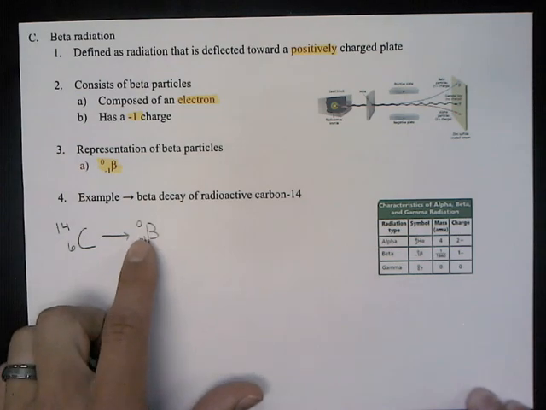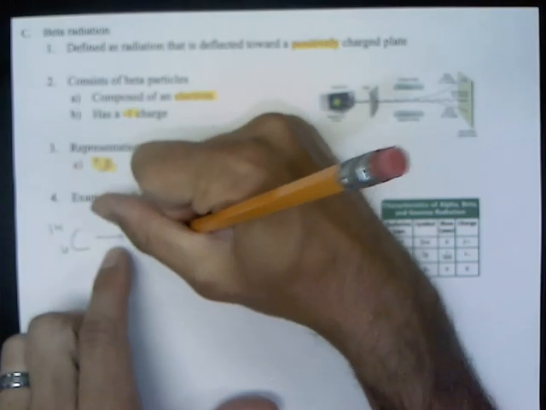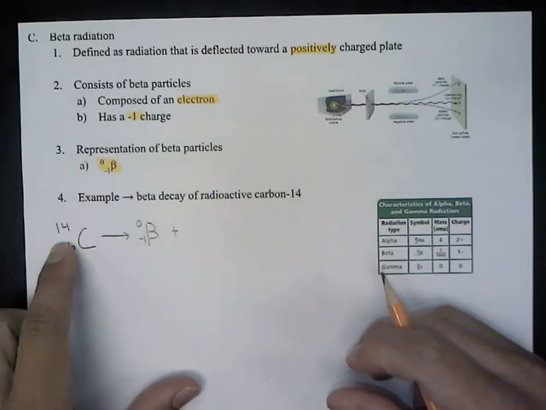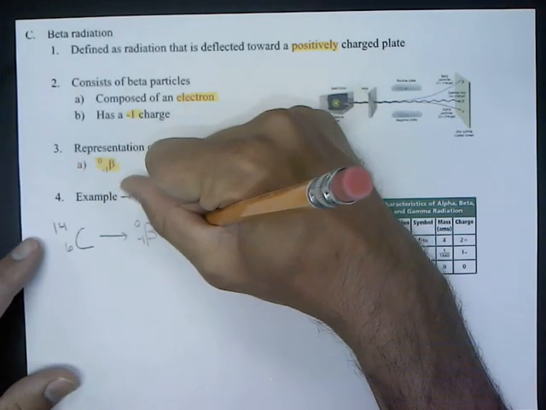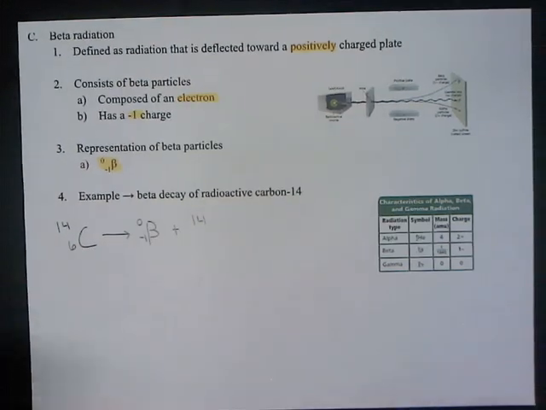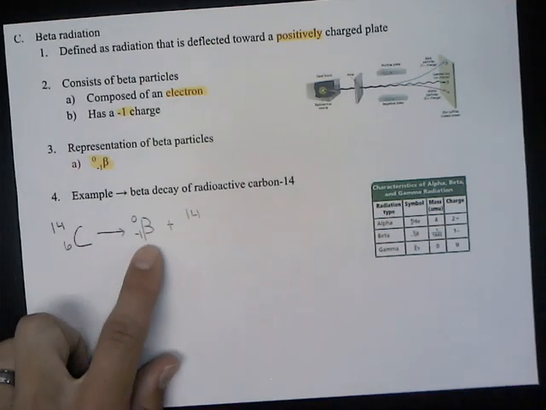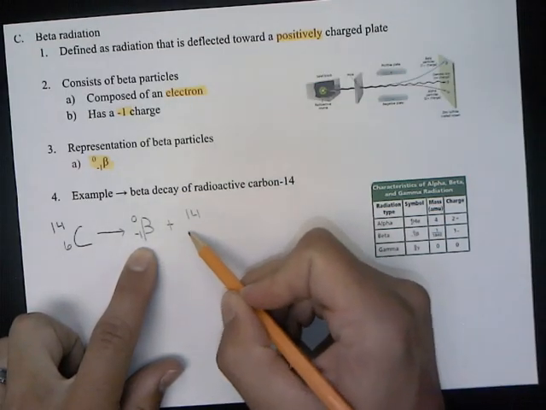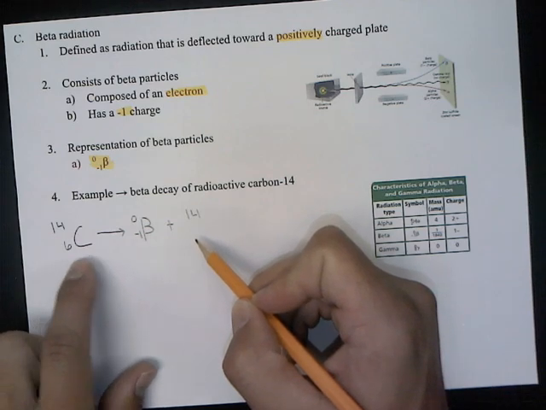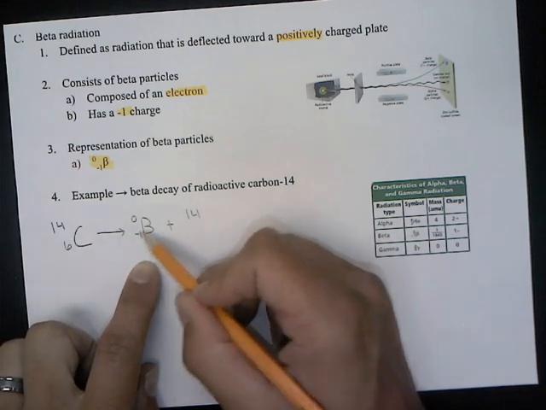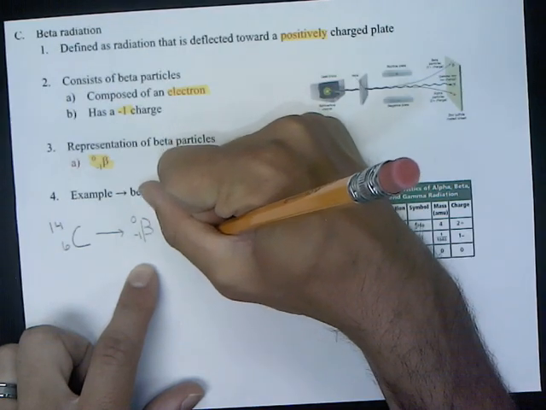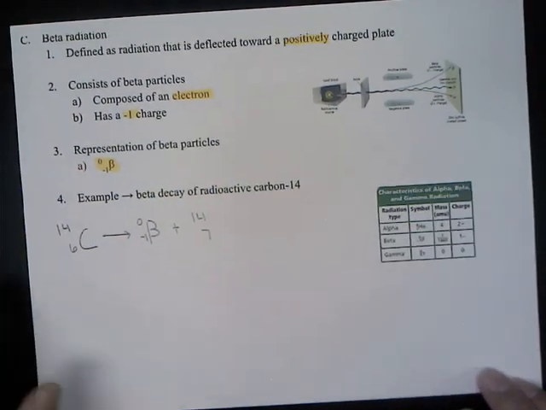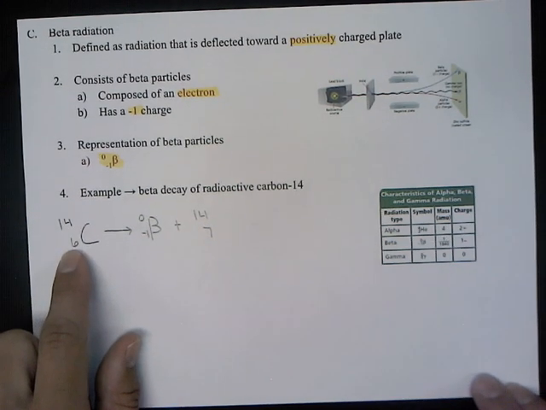We then add together 0 plus a number equals 14. Well, that's pretty easy. 0 plus 14 is 14. Then we say to ourselves, -1 plus some number over here equals 6. Now be careful, this is a -1. So we have 7. 7 plus a -1 equals 6.